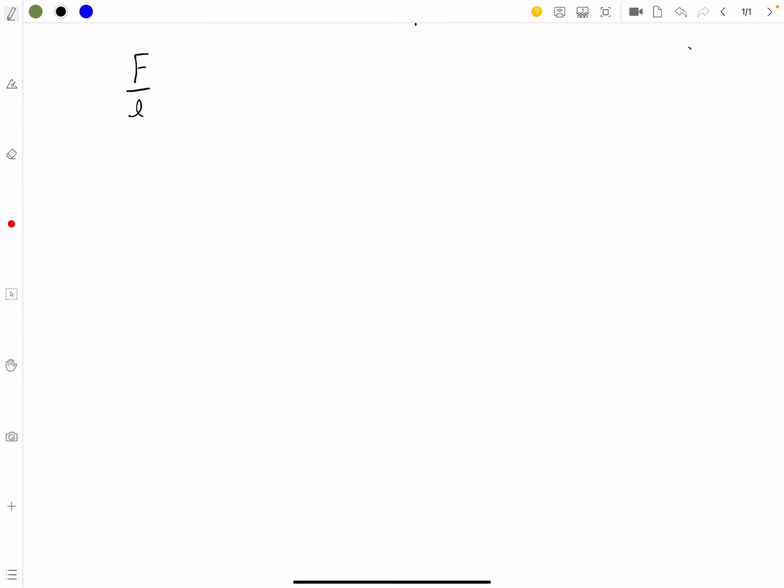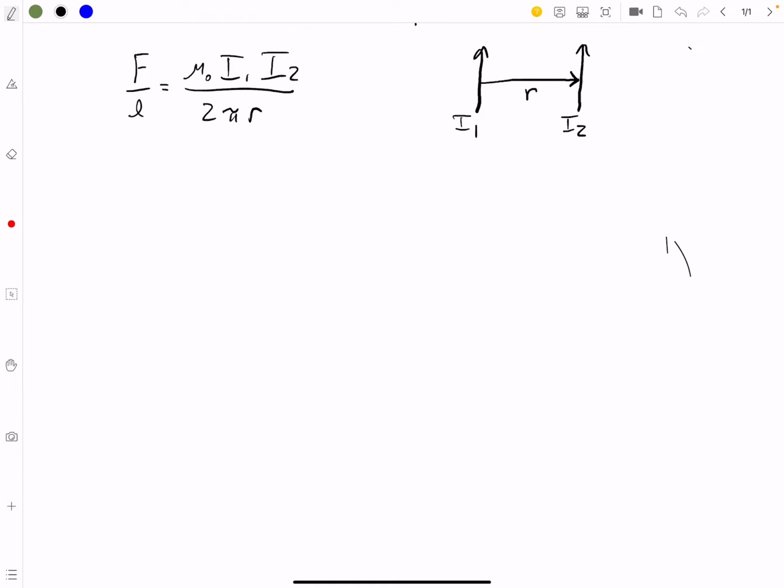Force per unit length is equal to mu naught I1 I2 over 2 pi r. Here's our two current carrying wires. There's r, there's 1 and there's 2, and we can call it I1 and I2. Okay, so that's just to remind us what we're dealing with here.